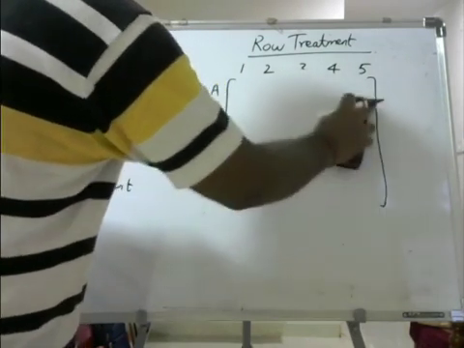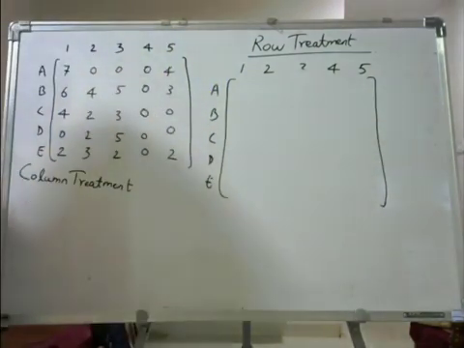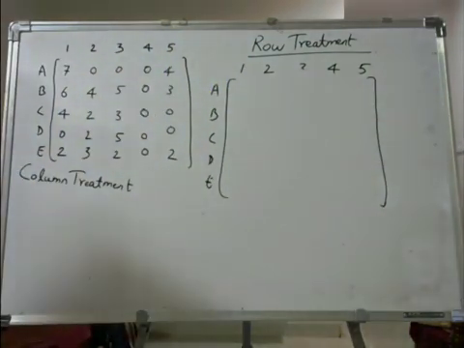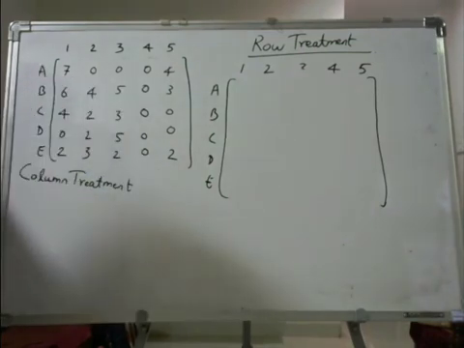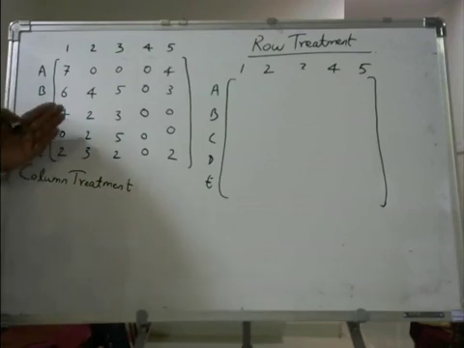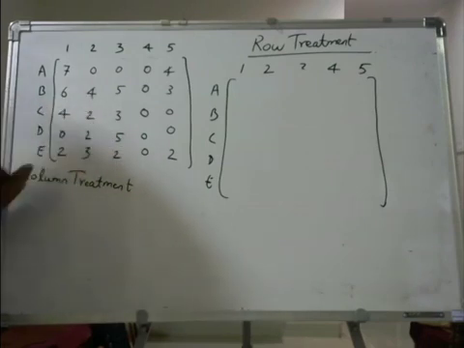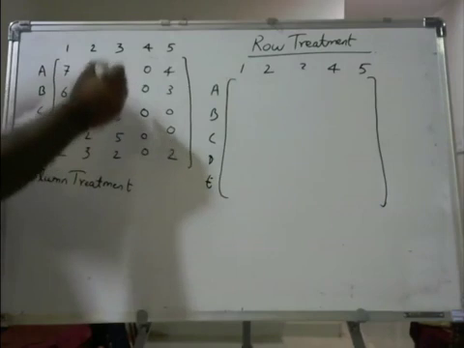First, you need to draw lines such that you cover the maximum number of zeros here. You can draw horizontal lines and vertical lines, but you cannot draw diagonal lines.